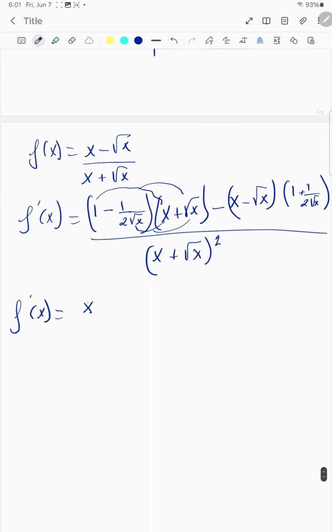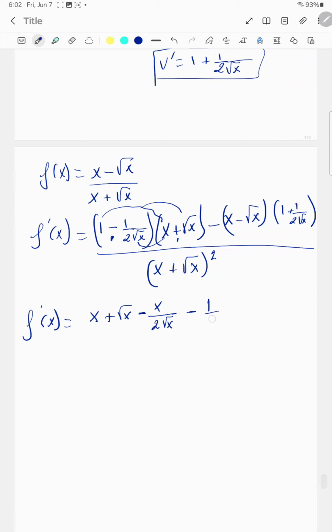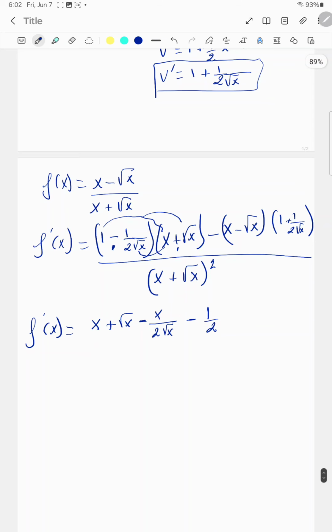So 1 times x is x, and 1 times square root of x is square root of x, minus 1 times x is x divided by 2 square root of x, minus, because minus times plus is minus, 1/2 actually, because I would have square root of x divided by 2 square root of x, which is 1/2.